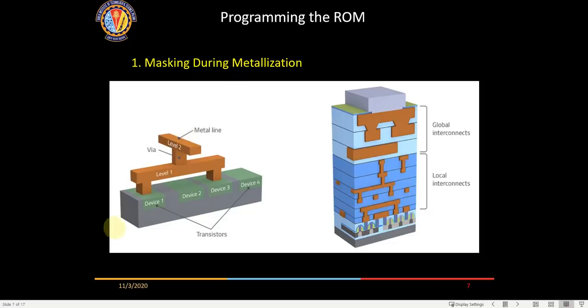Initially there is only a device, then you put a mask with some cuts through which the metal can be deposited. Wherever there are cuts, the metal will be deposited. That's how it is used.